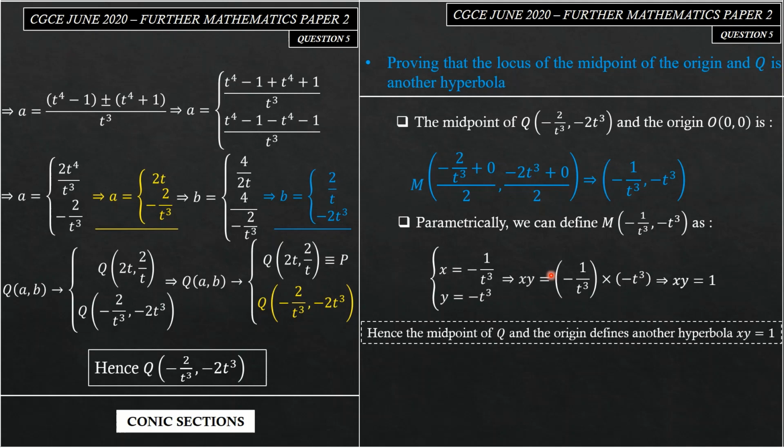So if we use these coordinates here, 2t, 2 on t, we are going to get the same hyperbola xy equal to 4. We're actually proving that the locus of the midpoint is another hyperbola, xy equal to 1. So we have succeeded in solving all the parts of the question.